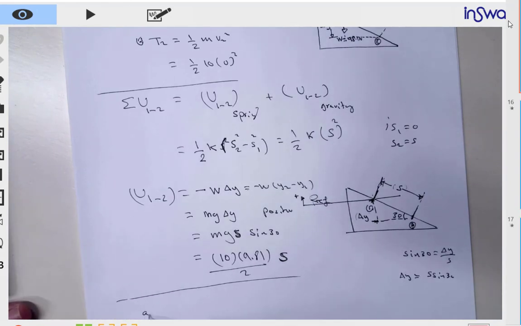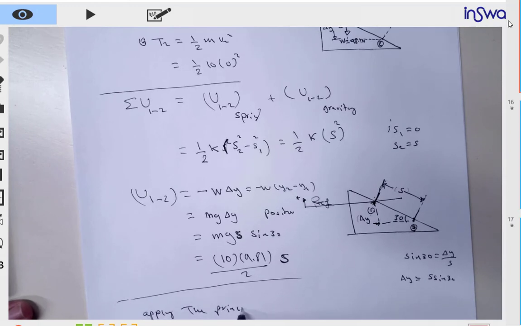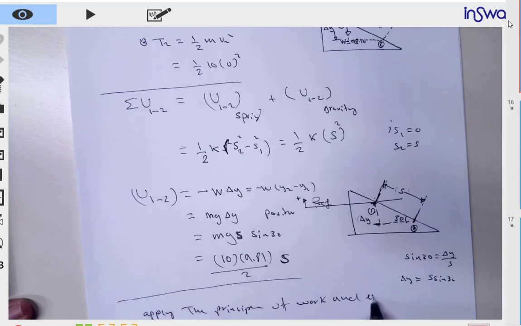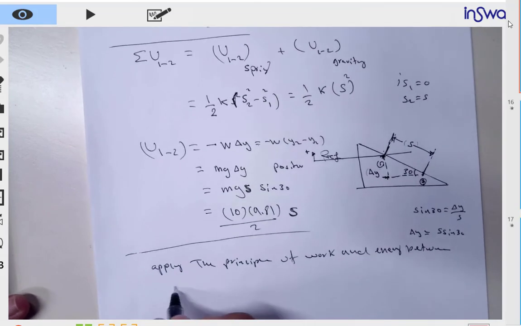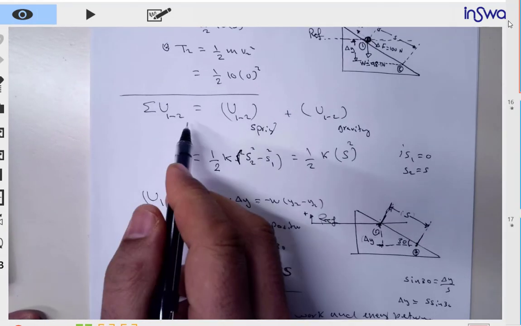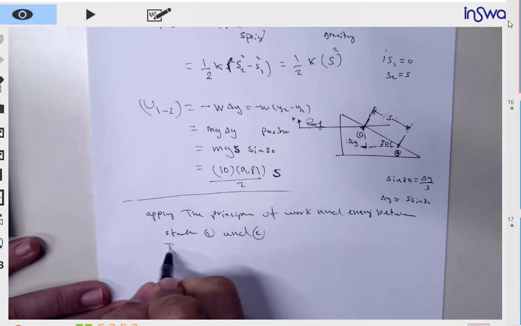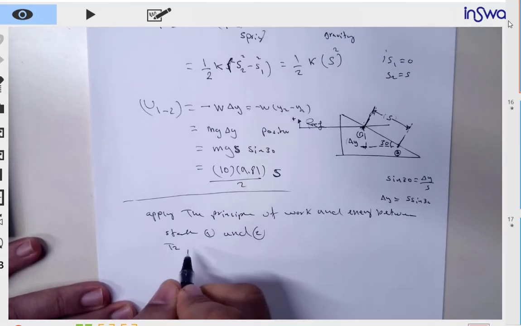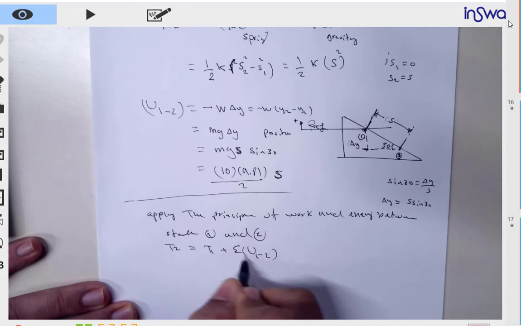So now apply the principle of work and energy between these two states, state 1 and 2. Oh, we haven't written that yet. It says T2 equals T1 plus summation of all work from 1 to 2.